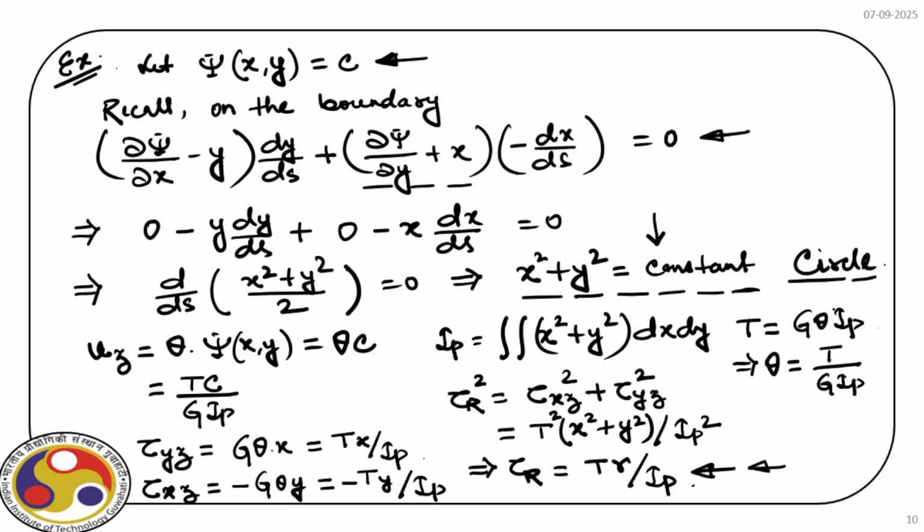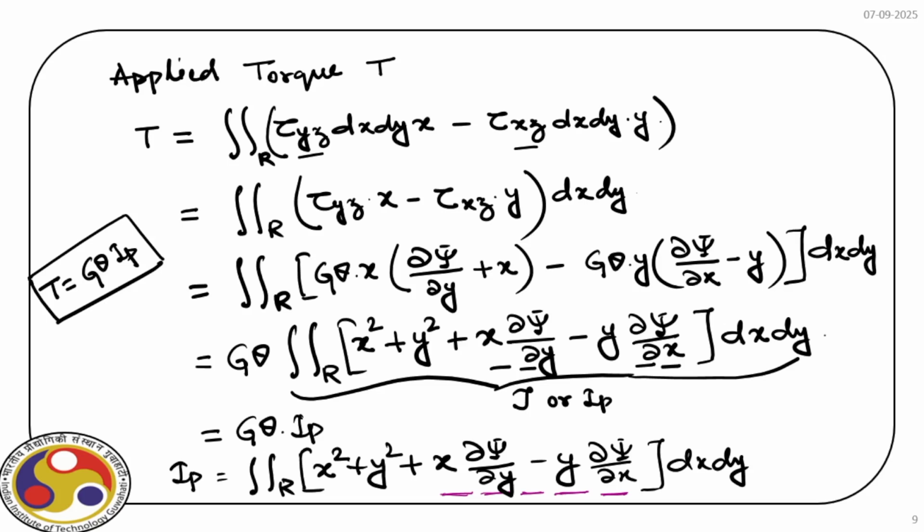If we have warping, you can actually consider any arbitrary section. For that, we first have to solve the Laplace equation that will give the warping function, and we have to satisfy this additional condition, the second condition over the boundary, and then we'll get the solution psi of x comma y. The moment we get that functional form, we can find out the polar moment of inertia from the expression we have derived here.